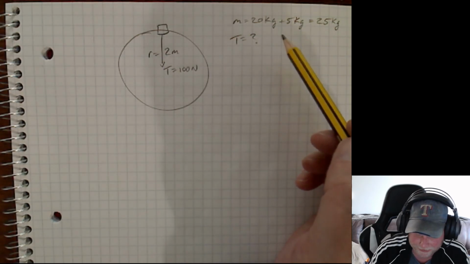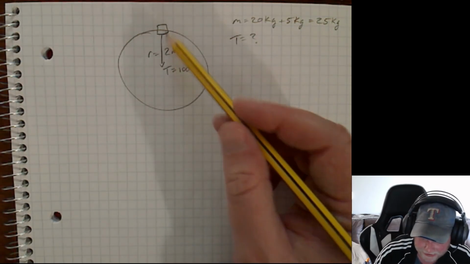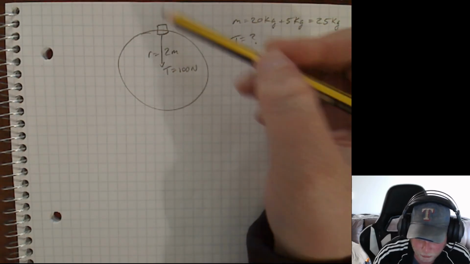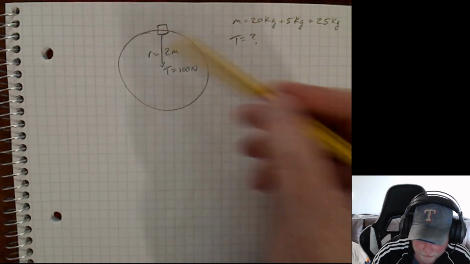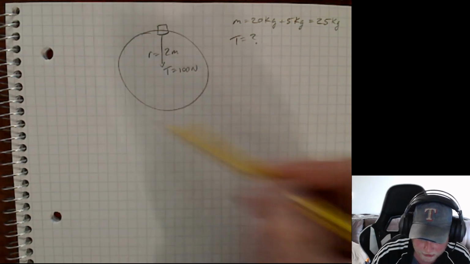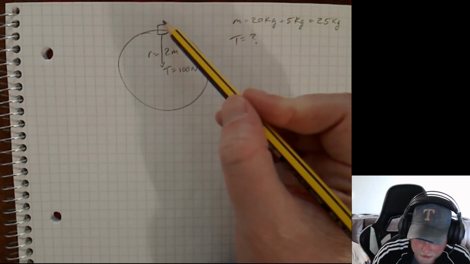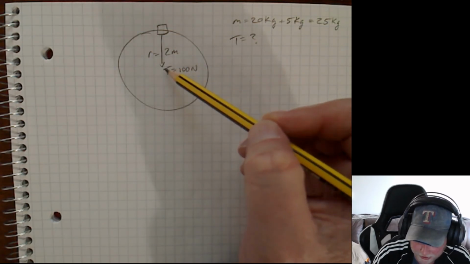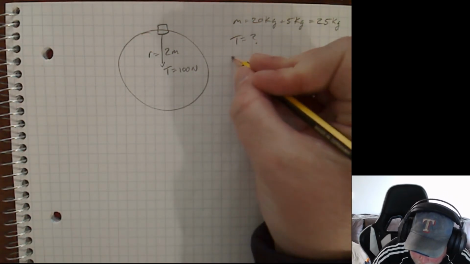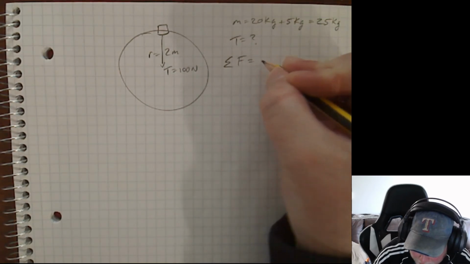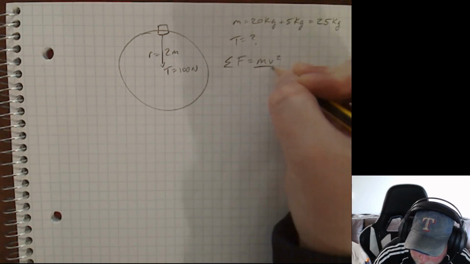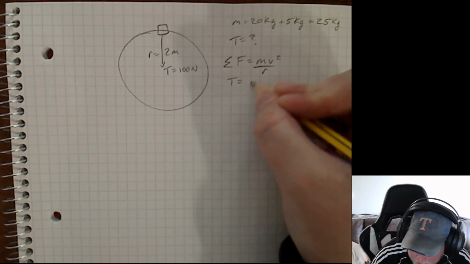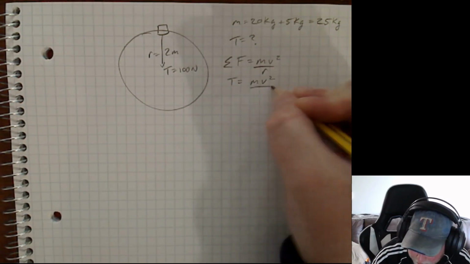Now, in this case, there is no other force acting horizontally. Again, this is an overhead view of the child being swung around by the father. So there's no other force acting horizontally other than tension. So if we look at net force being equal to mv squared over r, well, tension is equal to mv squared over r.